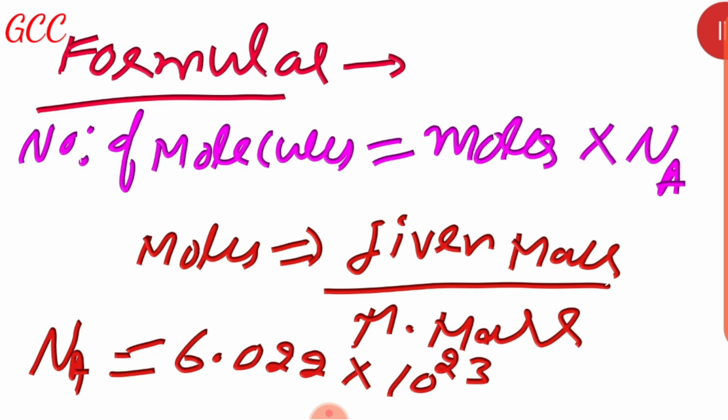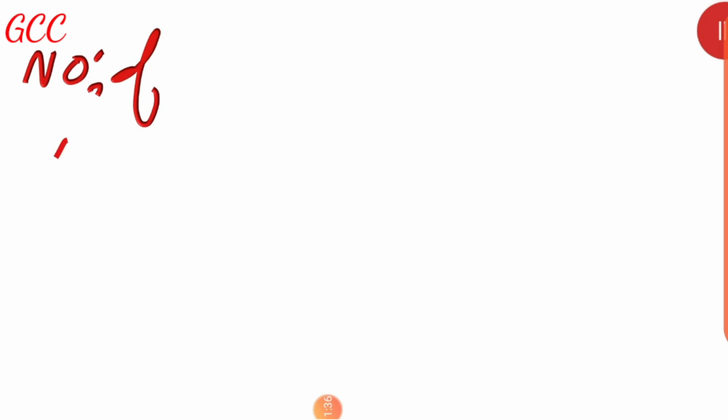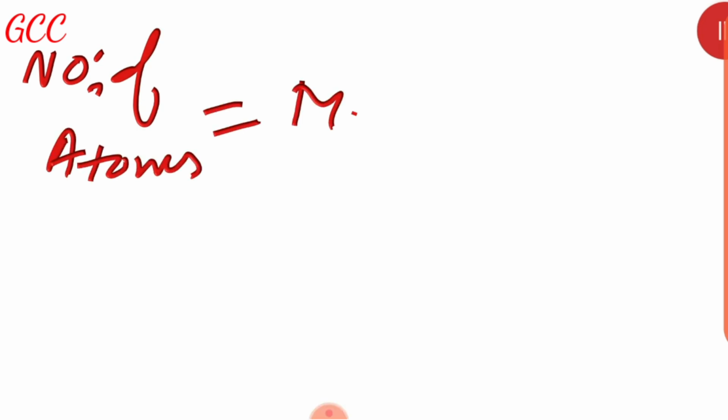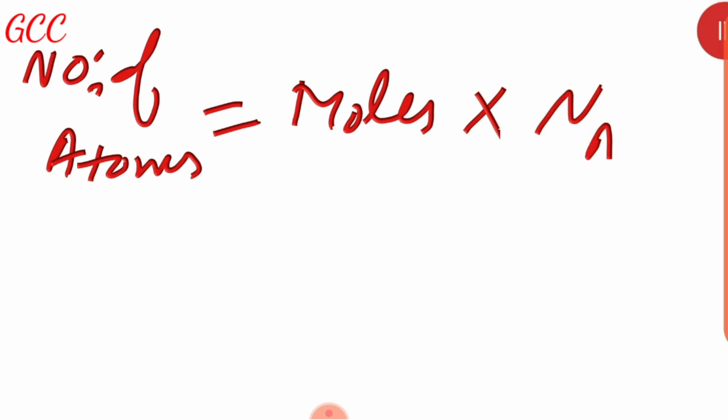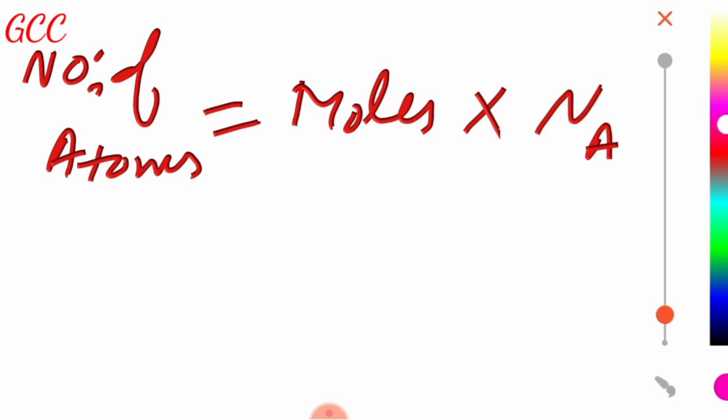Now the next formula I am writing here. For the number of atoms, it is the same, beta. Here we will write moles into Avogadro's number, and Avogadro's number value will remain the same.